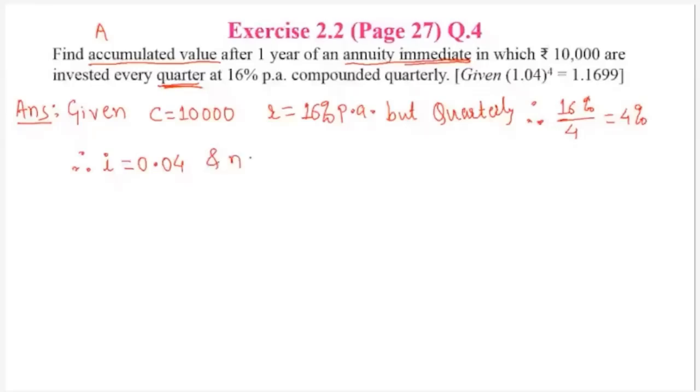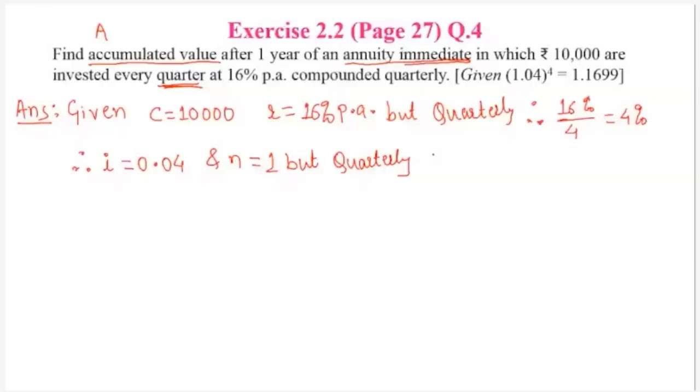And n is equal to कितना है? N is number of years. N कितना है? 1. But quarterly.